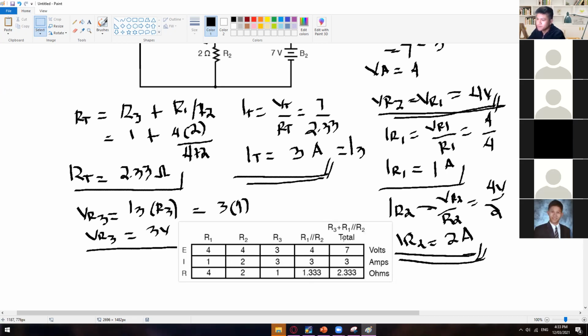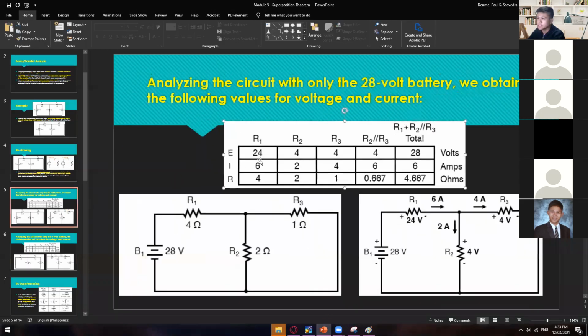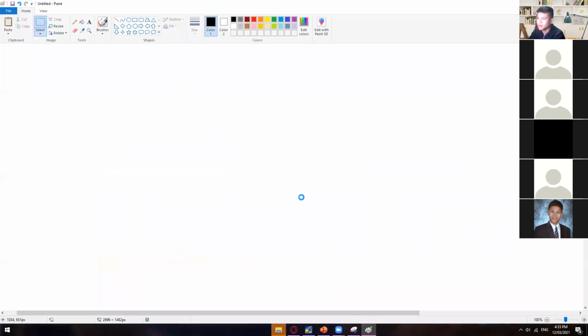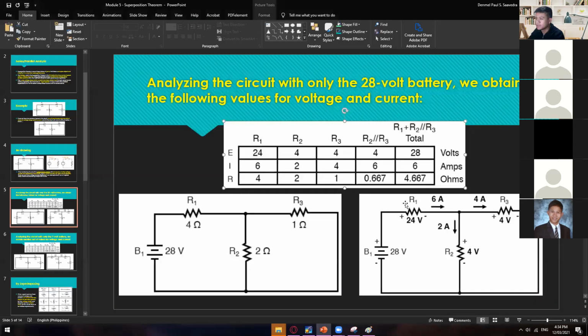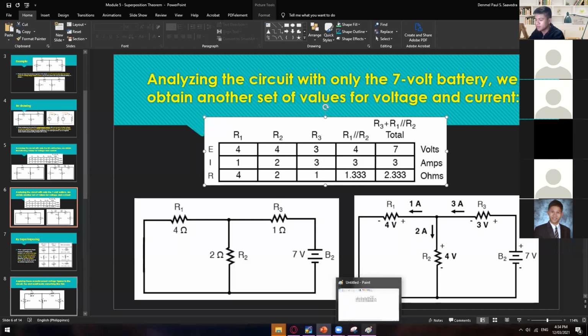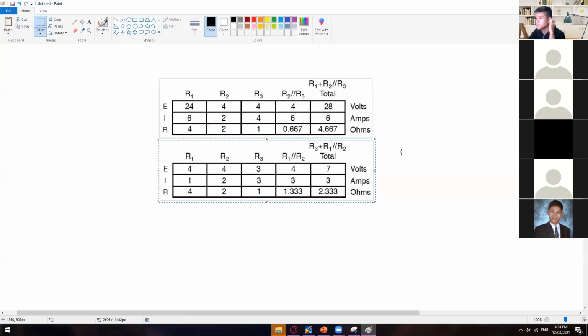So from here, the one that we are now going to do is the superposition. Okay, we're going to superimpose those values. So the thing that you need to do is get this one. The reason why they are in a table is for you to be able to get the comparison, for us to have an easier superposition solution.